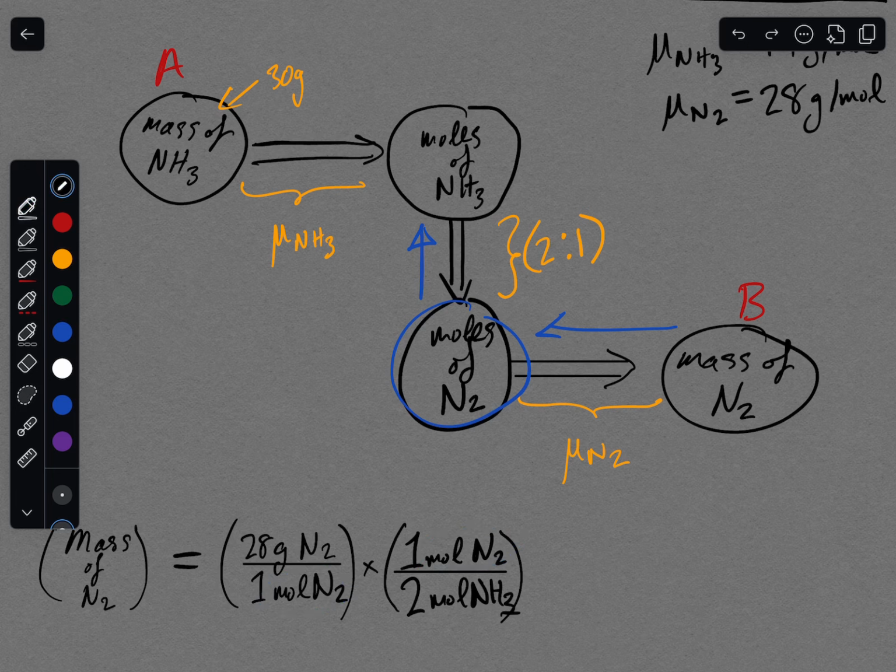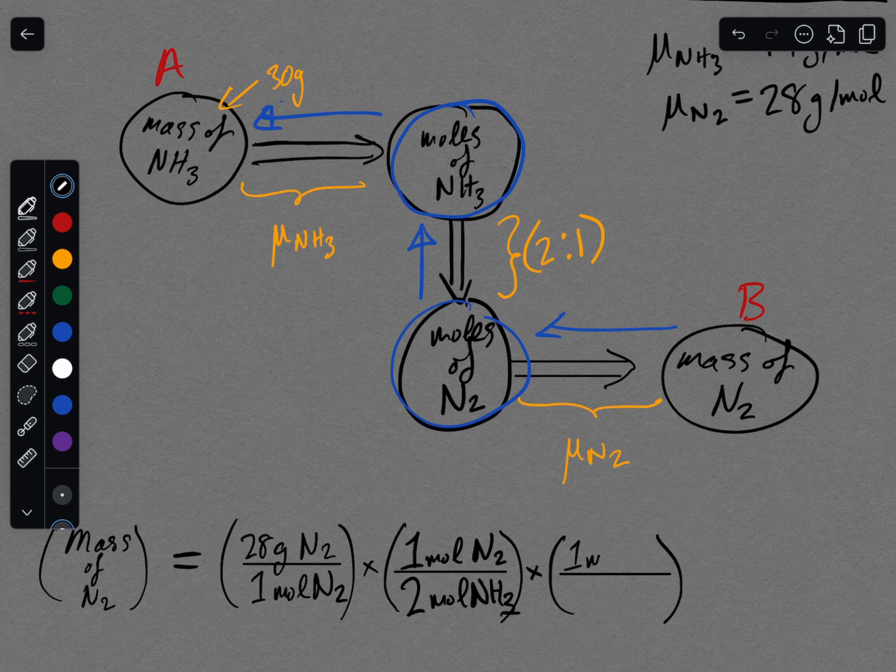Finally, if I want to go now from my moles of NH3 to get back where I'm starting with, my mass of NH3, now I need the molar mass of NH3. Now, the thing is here, moles of NH3 are in the denominator in this conversion factor. That means they'll need to be up here, which means I'm going to have to multiply by the inverse of the molar mass of NH3.